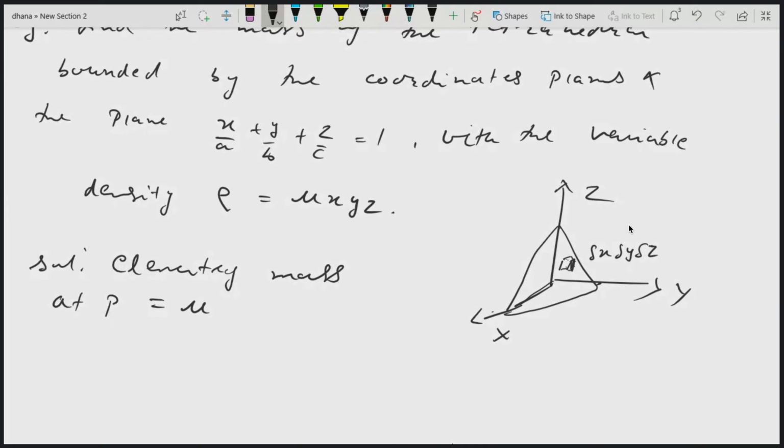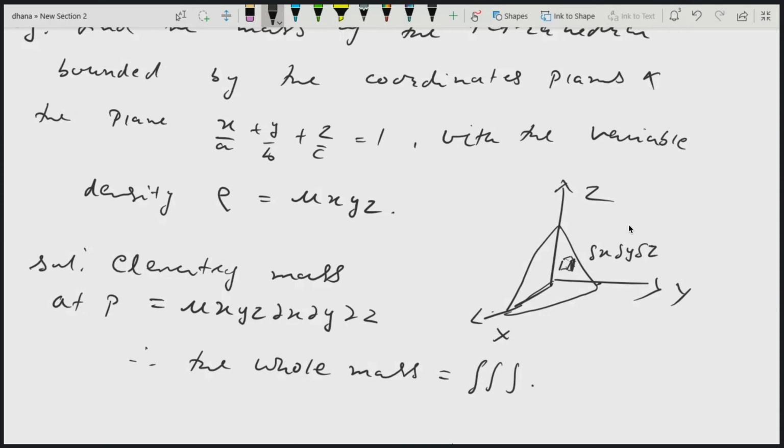Rho is given to you as mu x y z del x del y del z. Therefore the whole mass will be equal to the triple integral of mu x y z dx dy dz.